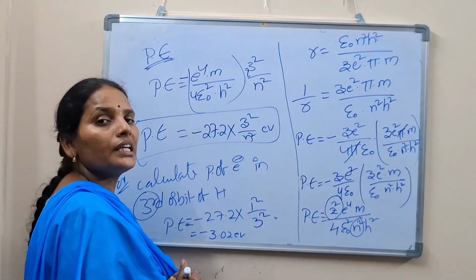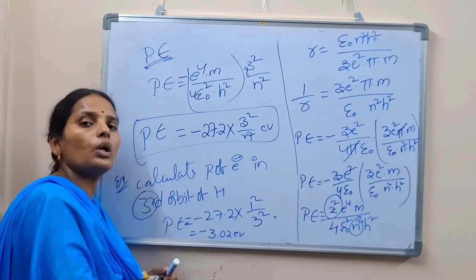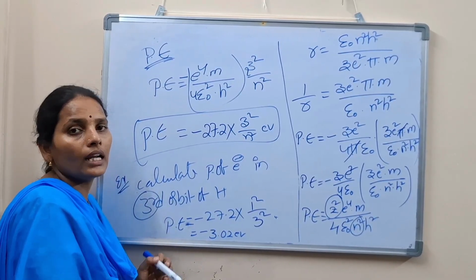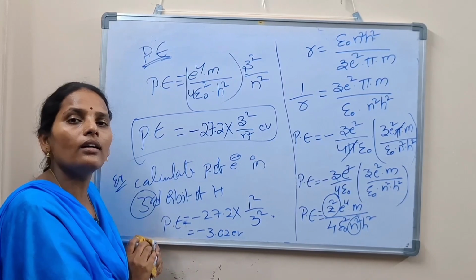After finding the potential energy and kinetic energy, we have to equate the total energy of the electron here. Let us see another derivation, which is the total energy of the electron.